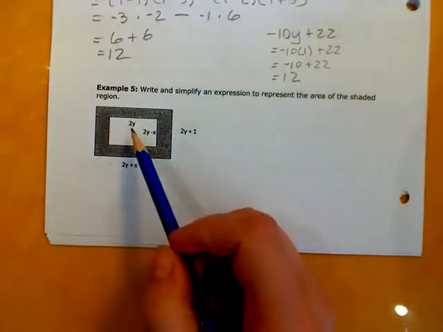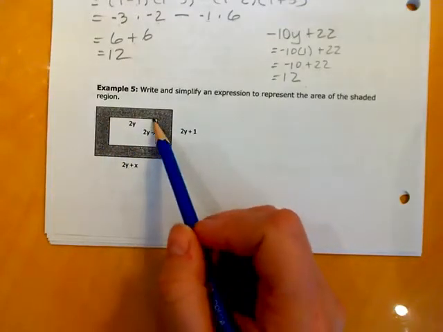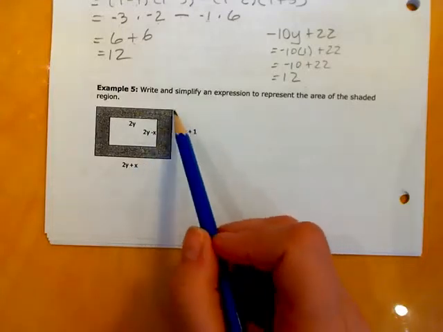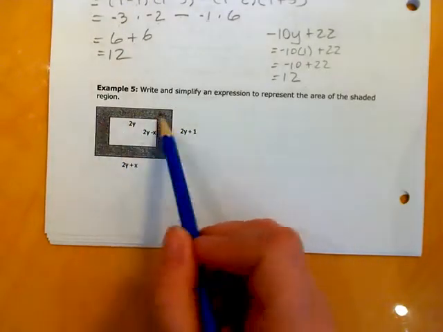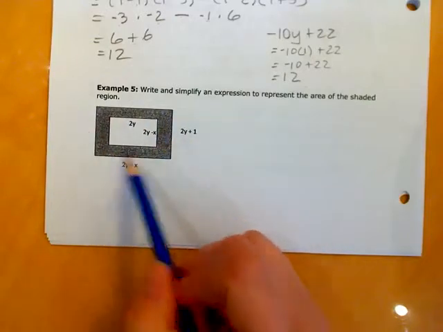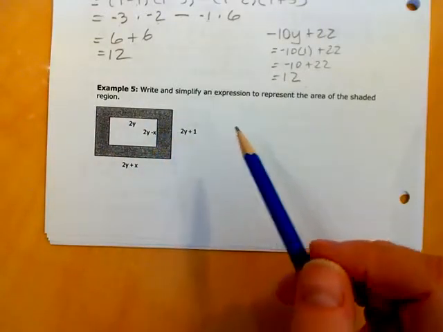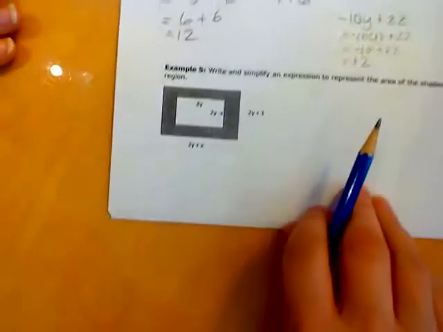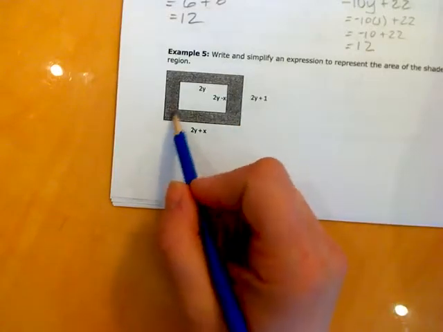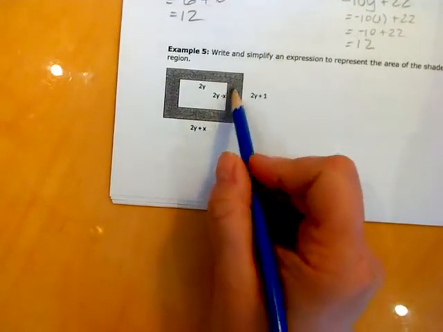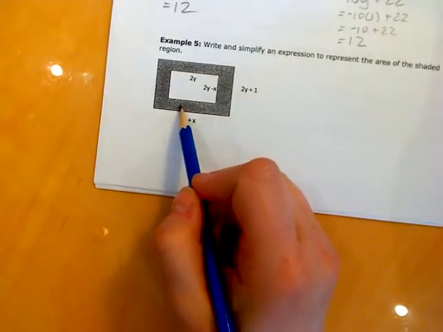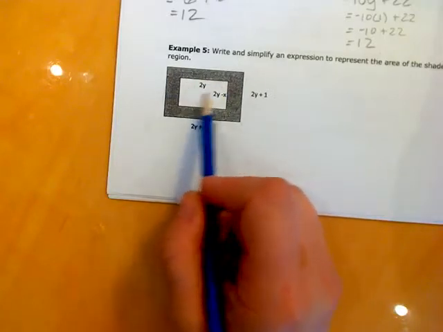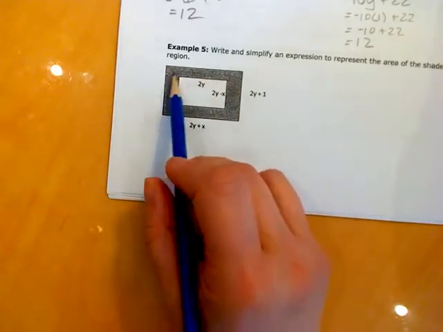If we can figure out the area of this smaller inside white rectangle, and we can figure out the area of everything in this big rectangle, how could we add, subtract, multiply, divide, use some of this kind of math that we're learning to solve for this rectangular ring around here? Well, if we know the area of the whole thing and we take out the area of this middle, won't we be left with this area here?